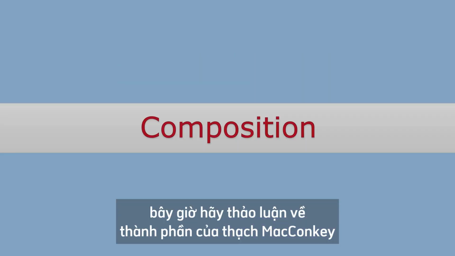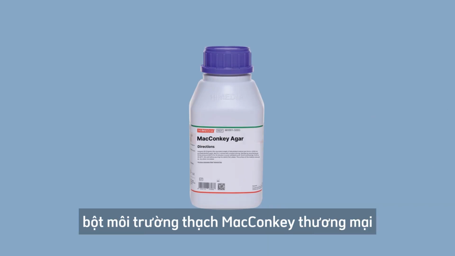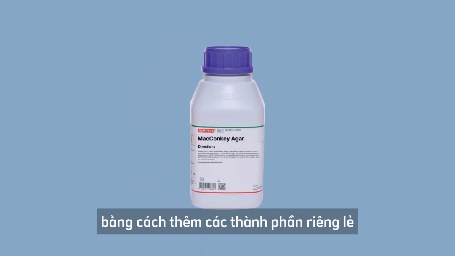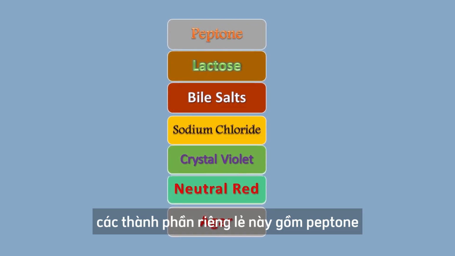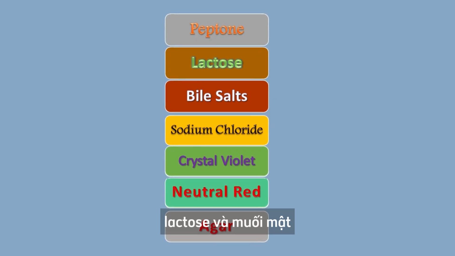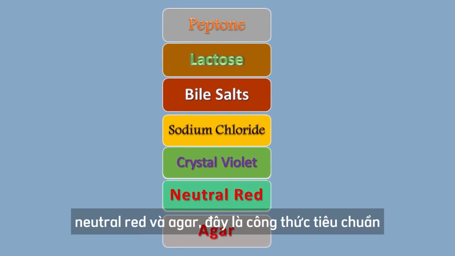Now let's discuss the composition of MacConkey agar. If you don't have the commercially available MacConkey agar media powder, then you can make MacConkey agar medium by adding individual components. These individual components are peptone, lactose, bile salt, sodium chloride, crystal violet, neutral red and agar.